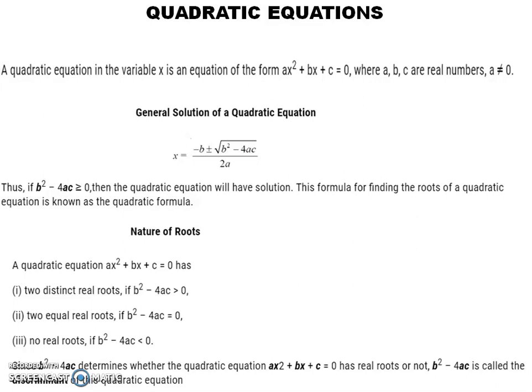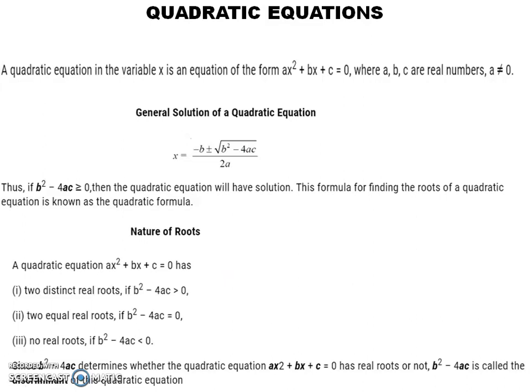Now, how will you find the nature of the roots? For a quadratic equation ax square plus bx plus c equal to 0, you have three conditions for b square minus 4ac. Later we will find the nature of roots in detail.